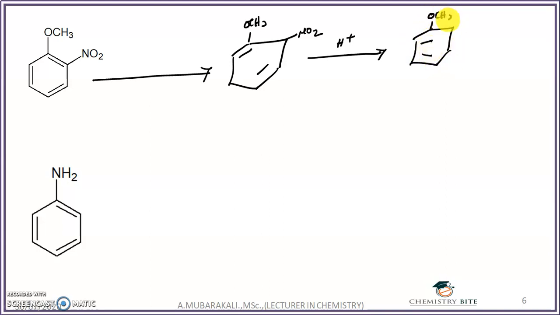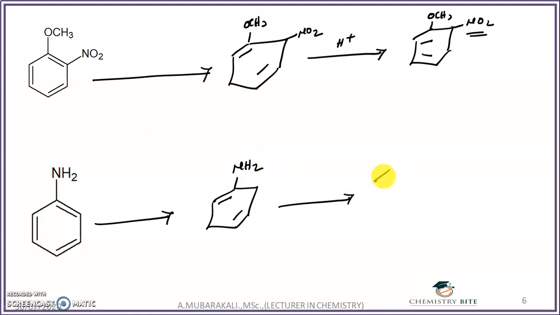In acid medium, it will isomerize to give a conjugated system. In the case of aniline, that isomerization can't be stopped because of the high activity of the aniline. So first you will get the 1,4 diene, and this 1,4 diene will automatically isomerize to form the 1,3 diene.